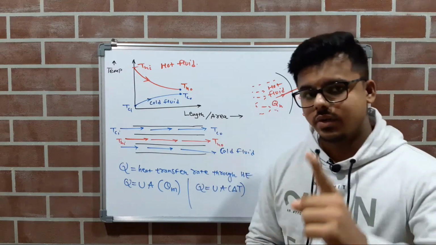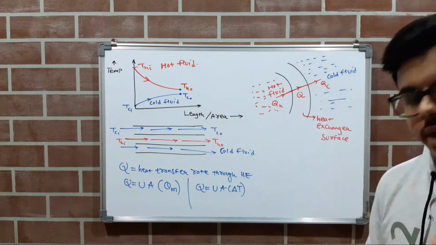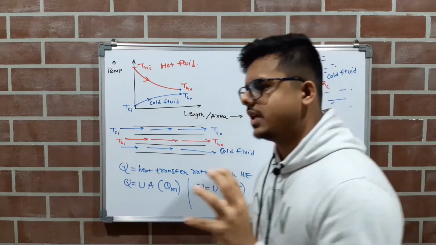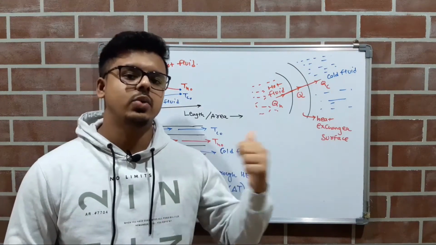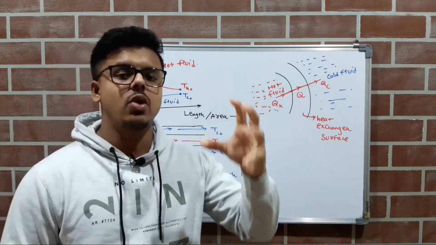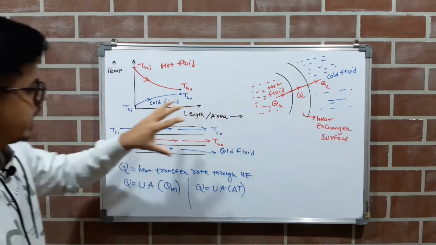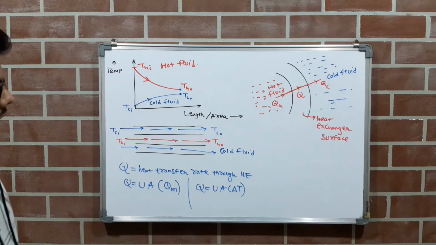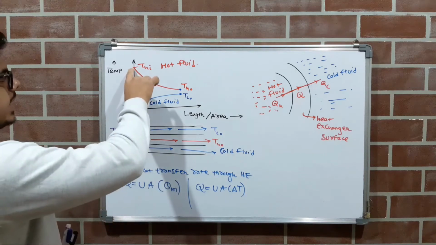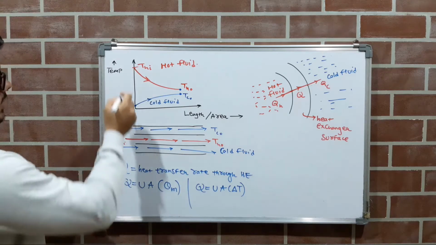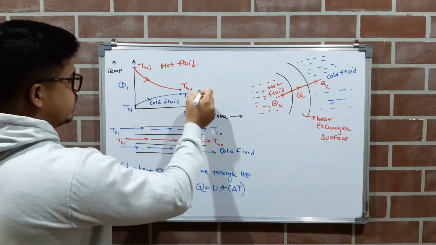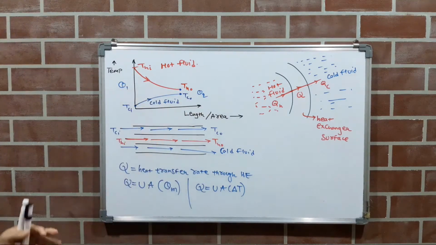At first, what was the assumption? Steady state heat conduction. Whenever we have steady state heat conduction, our temperature difference is not changing with respect to time, or our temperature difference is constant. But in our heat exchanger, you can see at the inlet and outlet there are different temperature differences. This is theta 1, this is theta 2. Theta 1 and theta 2 are the end temperature differences.